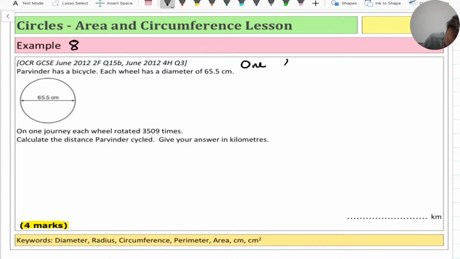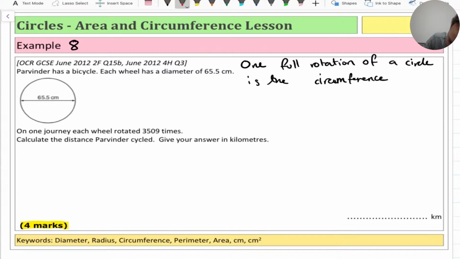One full rotation of a wheel or of a circle is the circumference.